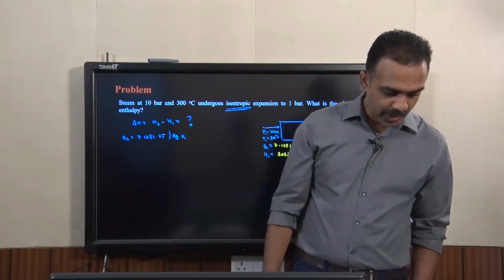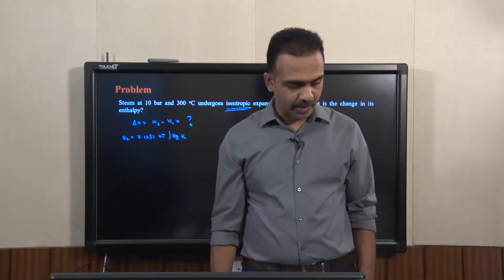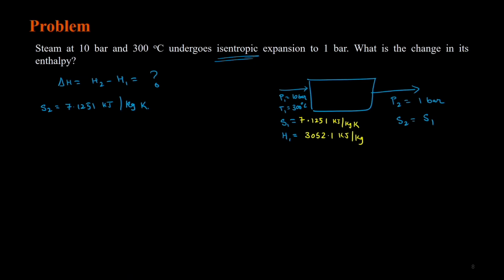So what I'll do is I'll take 1 bar, right, and go to a saturated steam table. P2 is 1 bar. From the saturated steam table, let me look at the entropy values.